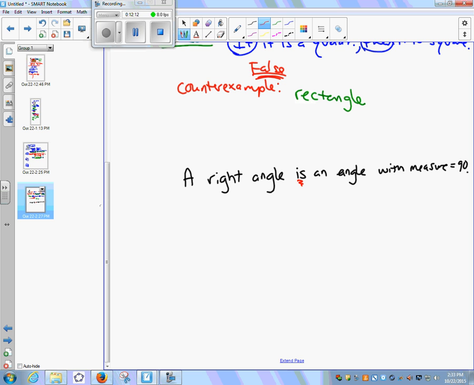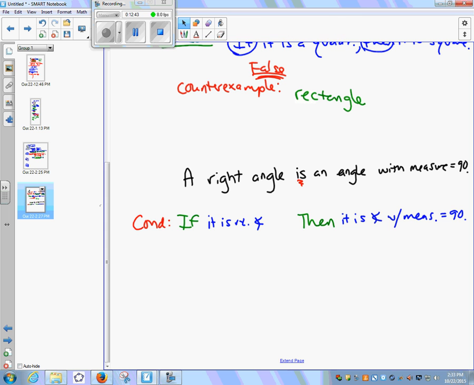There's the verb. As a conditional, if it is a right angle, then it is an angle with measure equal to 90. I'm abbreviating here a little bit, but right? If it is a right angle, then it is an angle with measure equal to 90. So again, this would be your hypothesis. This would be your conclusion.